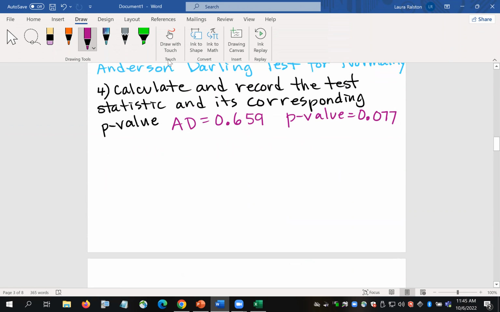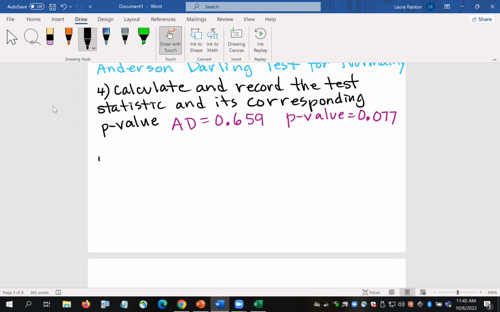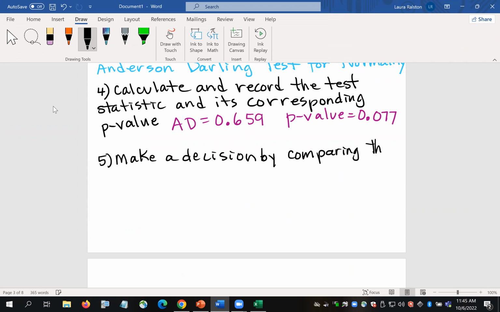Step 5 is we make a decision about whether we should reject or fail to reject, and we make that decision by comparing the p-value that we just calculated in Minitab and the level of significance.